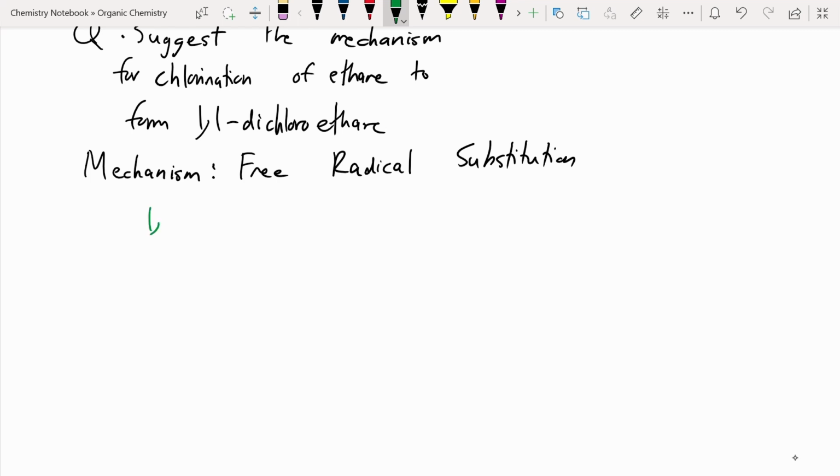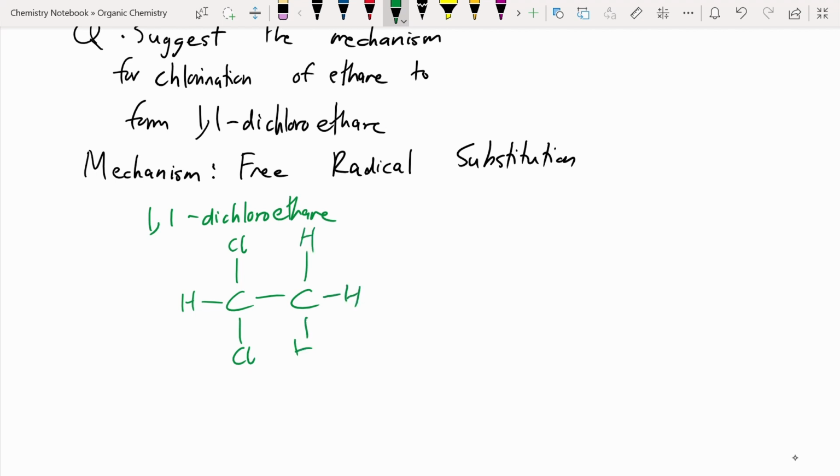So 1,1-dichloroethane: longest chain, this is just two atoms. No double bond because it's just an alkane. The two chlorine atoms are on the first carbon, and this is your molecule.